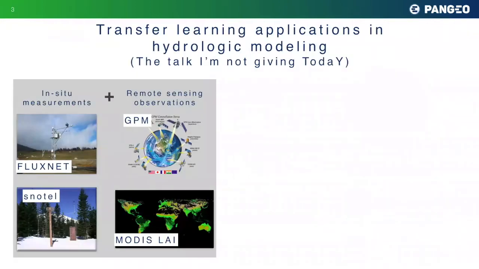So I'll start by telling you about the talk I'm not giving today, because I do some machine learning work, but largely I'm going to talk about infrastructure and what we're working on in the Pangeo project. But the talk I'm not giving today is about using transfer learning in hydrologic modeling, where we're combining data from a bunch of different sources and scales. A project I've been working on recently has been combining in situ observations like FluxNet and SNOTEL with global remote sensing measurements like GPM and MODIS LAI products.